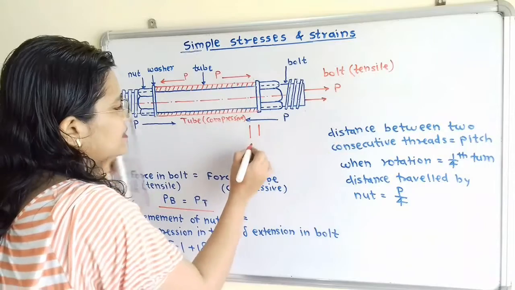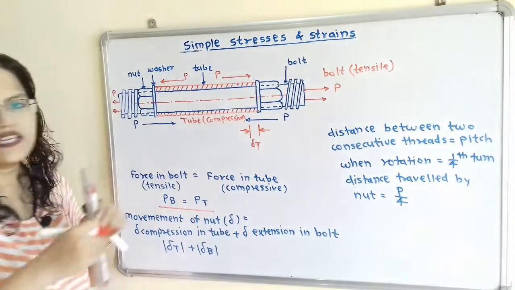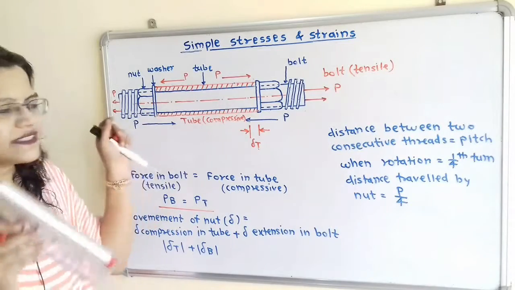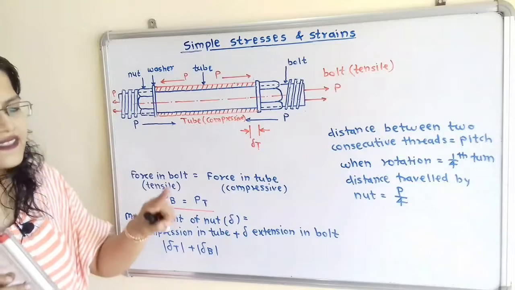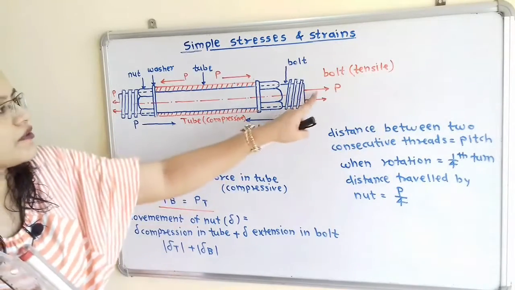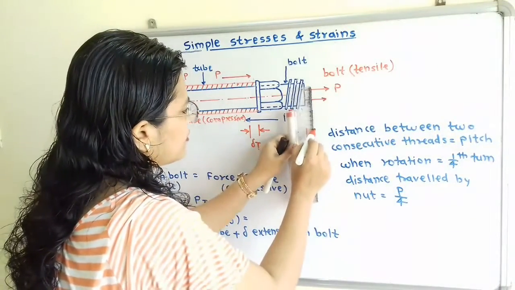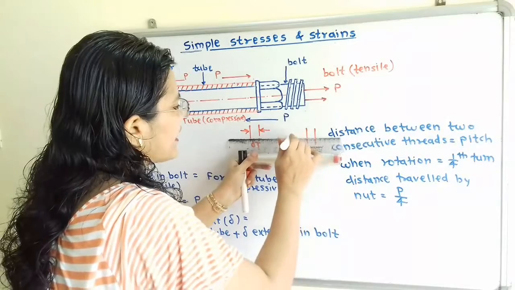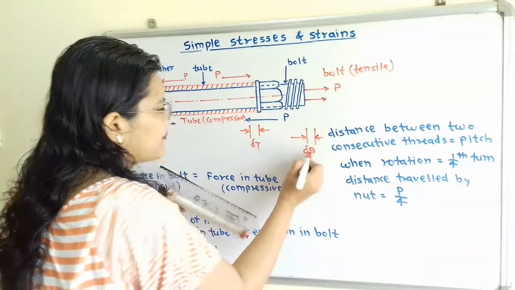So that is delta T. This tube length is getting contracted. So this space is available, and at the same time there is extension in the length of the bolt because of this tensile force. So I will show here this change in length. So this length is getting extended, and that is equal to delta B.